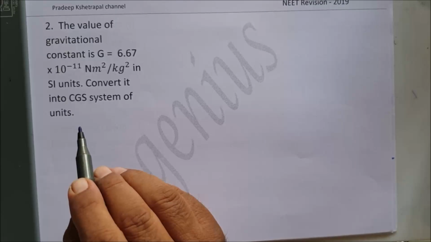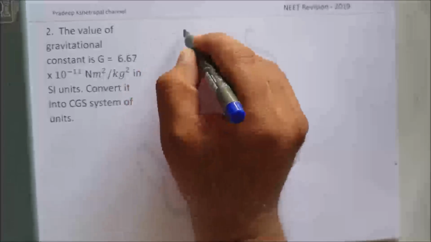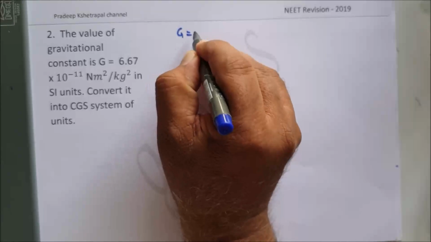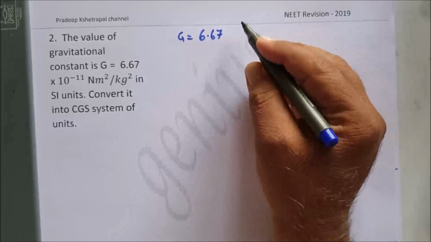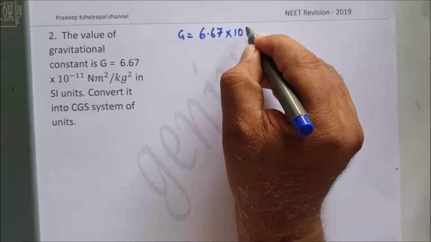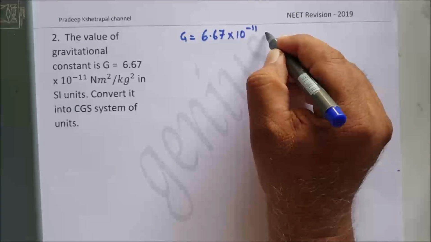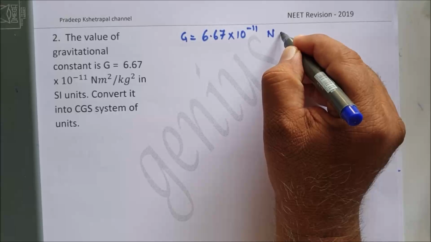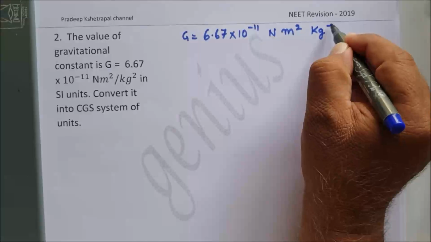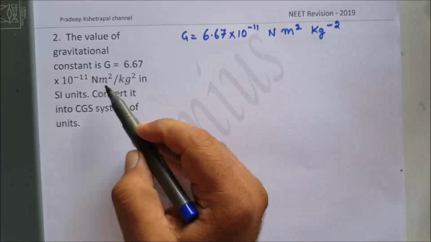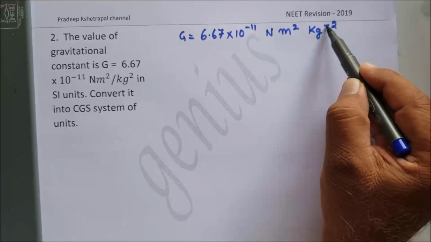When we want to convert it, we know the method how to do it. So first let's write the value of G. G is equal to 6.67 into 10 to the power minus 11, where 6.67 is the number and the rest is the unit: Newton meter square kg minus 2. We write it in standard form, in place of per kg square, as kg minus 2.